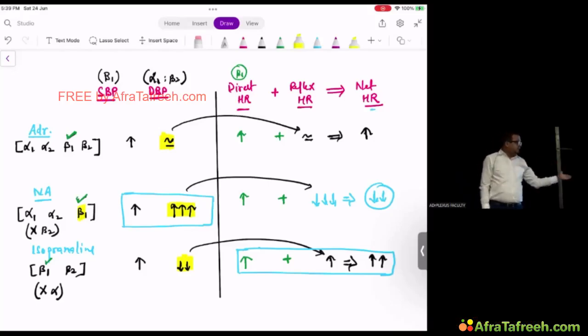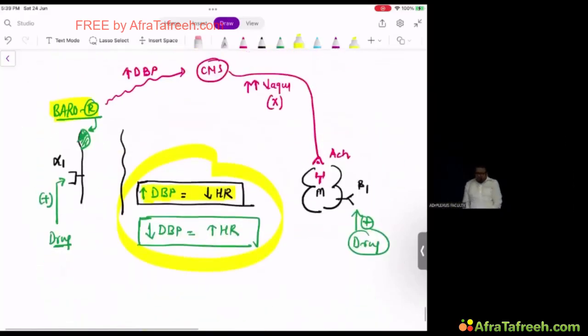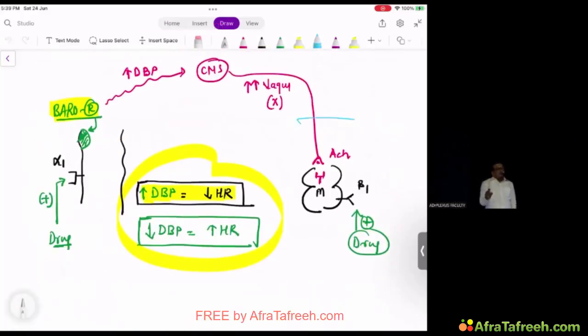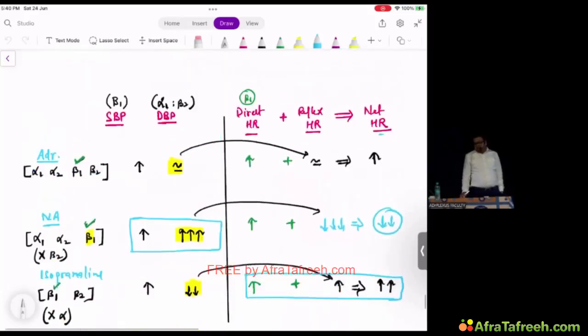Look at the diagram which we have drawn below. Look at the reflex pathway. So in a transplanted heart, vagus is broken. So which action cannot come? Reflex. But even the donor heart has beta 1. So which action will come? Direct. And what is the direct action of Na on heart rate?